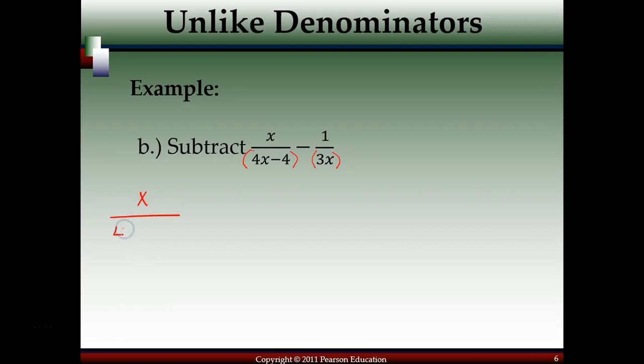This first rational expression that we're subtracting from the other, we're just going to multiply both numerator and denominator by the denominator of the second rational expression, so 3x.